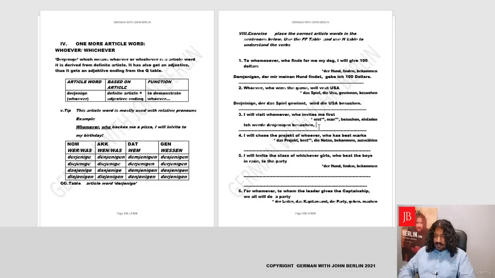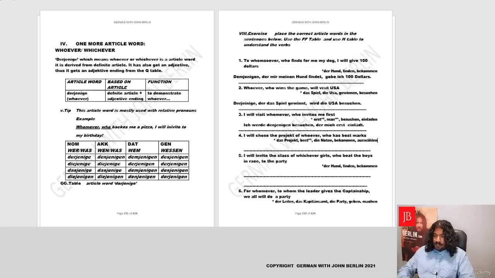It's just like the definite article: der, die, das, die. By default, we'll pick up der, mich, erst. What is the verb to invite? Einladen. It's a separable verb, but when we put it at the end, we put it together. Einlädt. Yes. Okay. Der mich erst einlädt. Ich werde denjenigen besuchen, der mich erst einlädt.